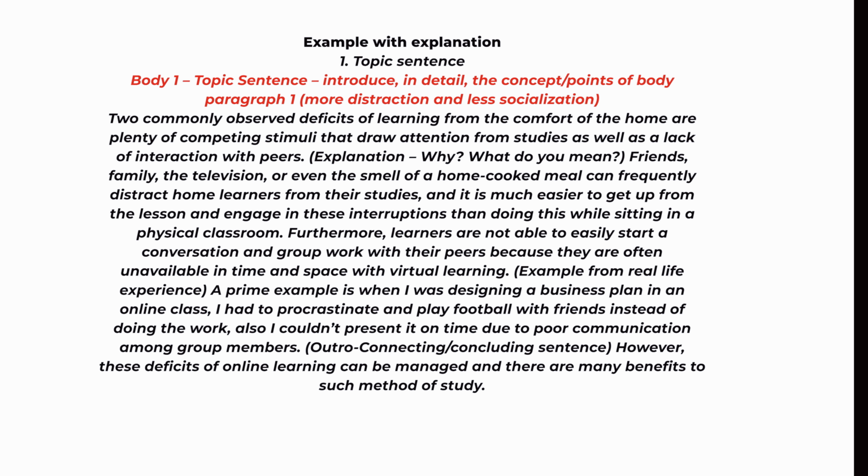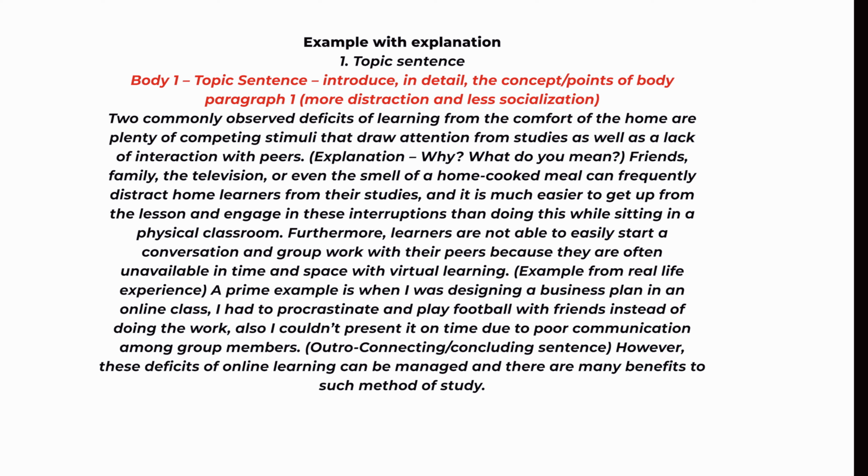After giving your topic sentence like this, you just have to explain what you have said in this line. So the next thing that comes next is just an explanation, and that's where I explain that friends, family, and television, or even the smell of a home cooked meal can frequently distract home learners from their studies, and it is much easier to get up from a lesson and engage in interaction doing this whilst you are sitting in a physical classroom.